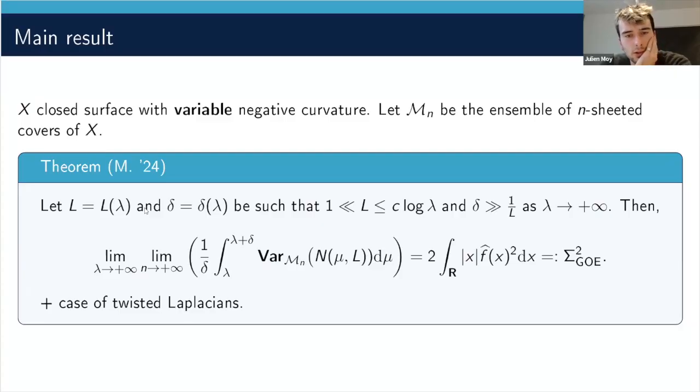You can do higher moments, and you can do the thing about the fluctuations too. But this is more or less the same story as in constant curvature, which was done in the work of Mouse. Essentially, what differs again is the trace formula, and of course there are some remainders to estimate in the proof, and you have to work in variable curvature, but at the end you get the same results.